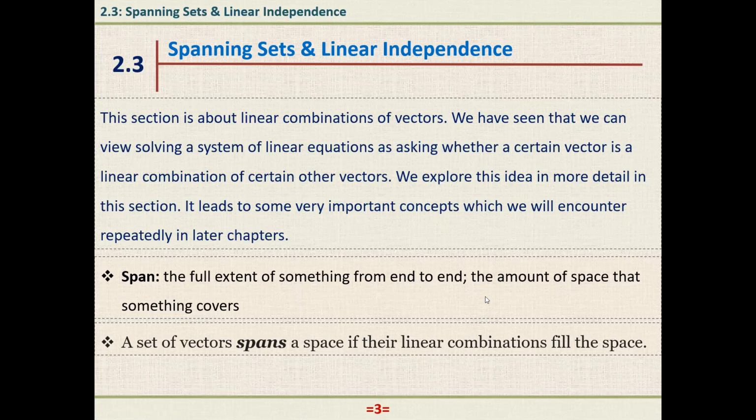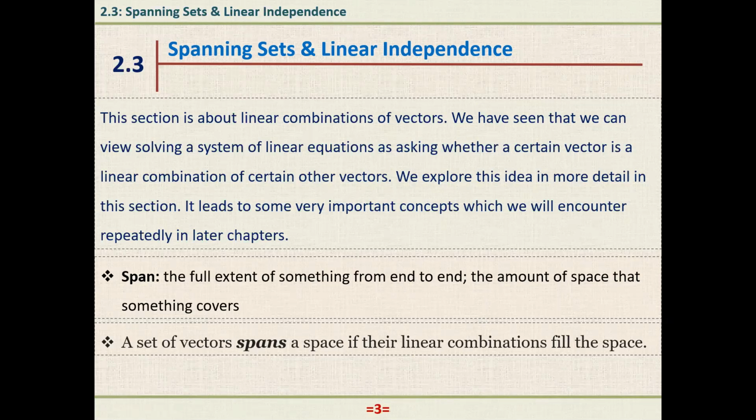When we ask whether a system has a solution or not, that means: can the constant vector be written as a linear combination of the column vectors of the coefficient matrix?